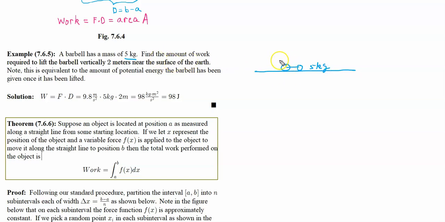And we pick it up and we lift it a distance of 2 meters. So now our barbell is up here. How much work was performed in lifting this barbell, and how much potential energy does the barbell have once it's up here?